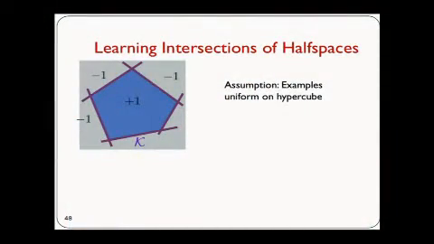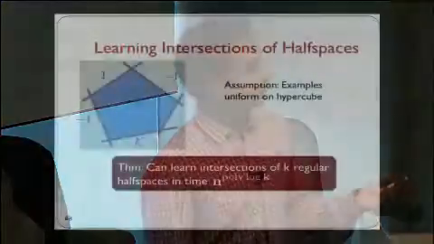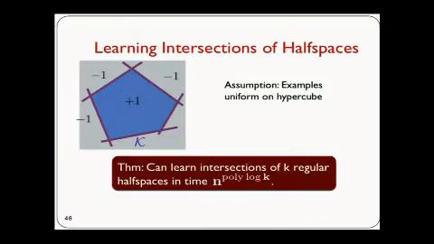For the case of intersections of halfspaces, we'll look at the special case where the input distribution is uniform over the hypercube, and this is particularly interesting for this problem, I think. Using our result on noise sensitivity and known results in learning theory, we get an algorithm for learning intersections of k regular halfspaces with a runtime of n to the polylog k.